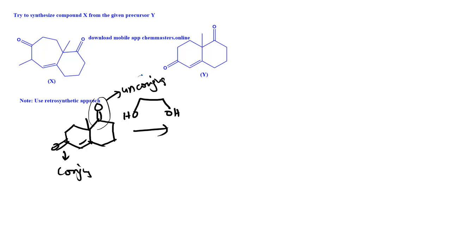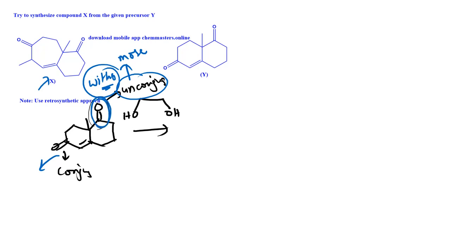The unconjugated carbonyl group is more reactive than the conjugated carbonyl group. So this unconjugated carbonyl group can react with the Wittig reagent, which will be used in the further steps of synthesizing X. So we need to protect this more reactive unconjugated carbonyl group.